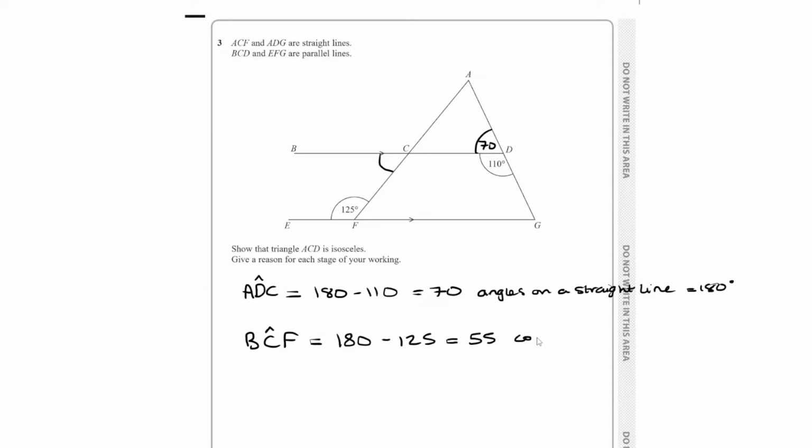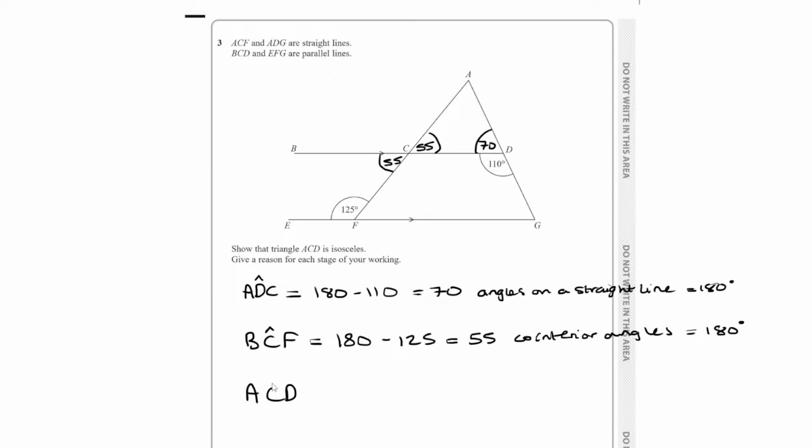And I would say, or whatever your reason is, I know it as co-interior angles. And they also add up to 180, don't they? So put equals 180. Okay. So that's 55. And then, therefore, this angle inside the triangle is also 55. So I would literally write that. I think they also allow it if you've labelled the diagram clearly, but I also like to write it down just to be really obvious.